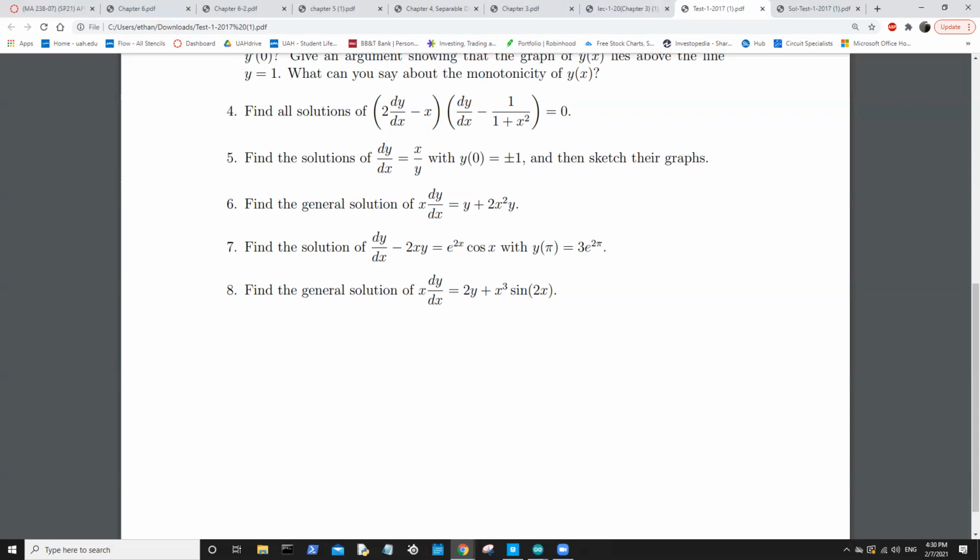Integrate both sides. We have ln absolute value y plus c is equal to... Never mind, it doesn't have to be complex. You can turn this into two integrals: the integral of 1 over x plus the integral of 2x instead. That's easier.